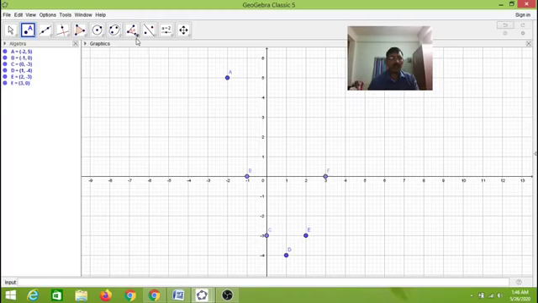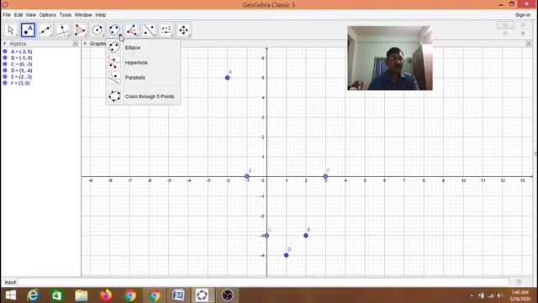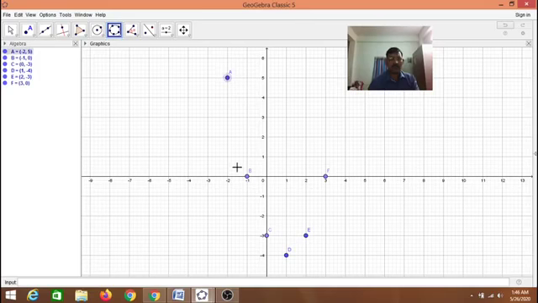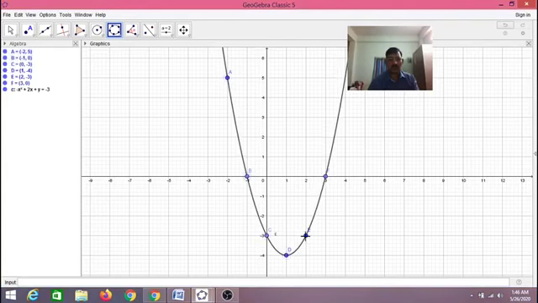Now simply if you plot the graph for this, it will be like this. You get a parabola, of course. You can see the parabola. Now you can see that minus 1 comma 3 are the zeros of this graph.